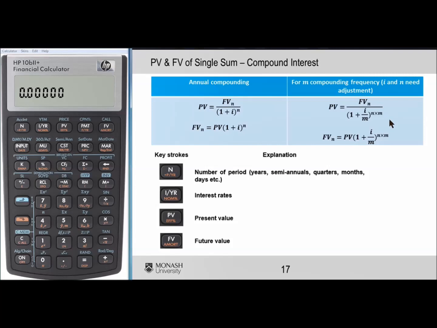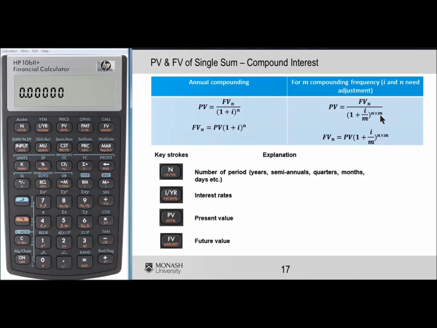For example, if it is a quarterly compounding rate, M is equal to 4 because we have 4 quarters in a year. Therefore, the yearly nominal interest rate per annum is divided by 4 to become the interest rate effective per quarter. And the number of years is multiplied by 4 so that we have the number of quarterly periods.